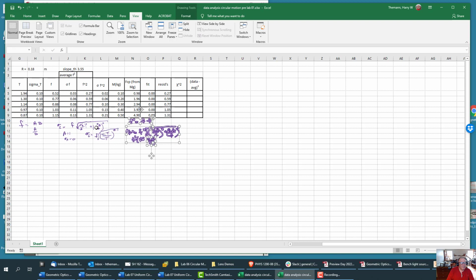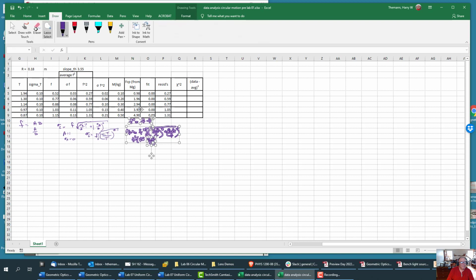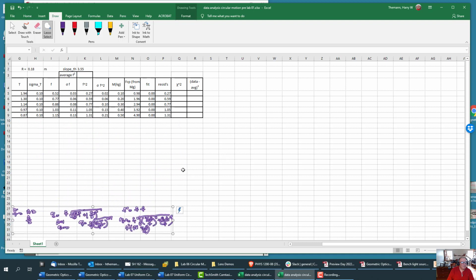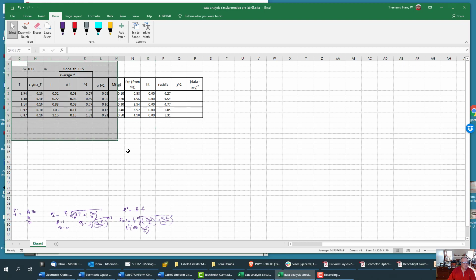I suppose since I'm recording this, I could just erase them. Oh no, wait a minute, I don't have to erase it. I can move them like this. So now I can reuse them in the future. Okay, so I just want to put my fit parameters down here. I think I have all the columns I need, but I just want to try to keep this all on the screen for you guys.